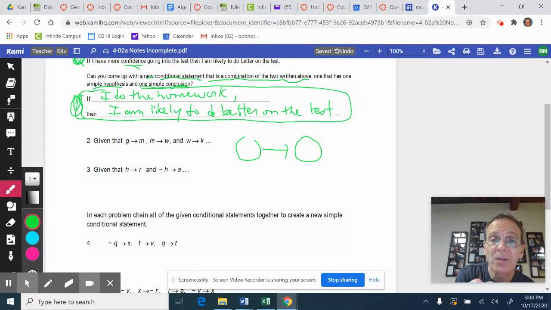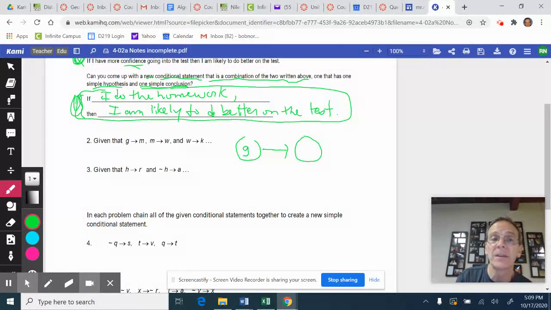No ands, no maybes, no other arrows, just one single conditional statement. I want it to be a combination of all 3 of these, not just 2 out of the 3, all 3. Right? Some of you are probably already figuring you know what I'm driving at here. Okay? And here's what I want to come up with.